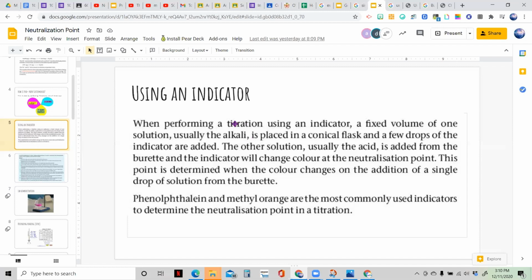You use the method of titration to find out just how much of the acid would be needed to neutralize 25 cm cube of the base that you were provided with.